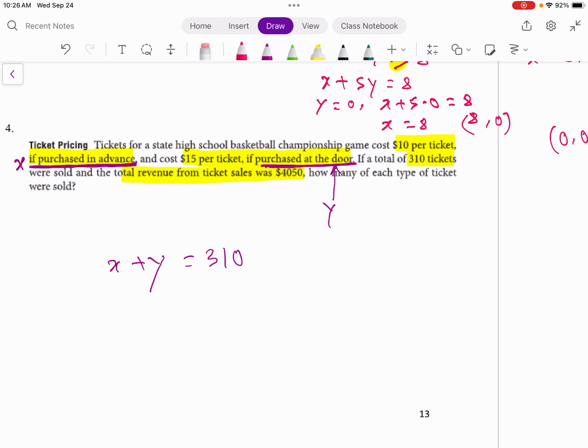Now, if you purchase X number of tickets in advance, how much will it cost you? What do we know about the advance ticket? It costs $10 per ticket, right?